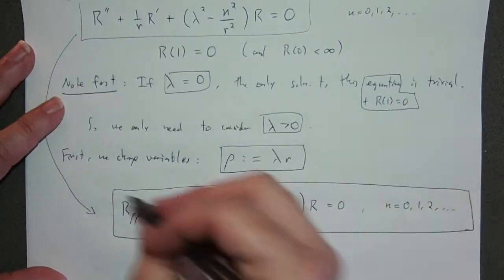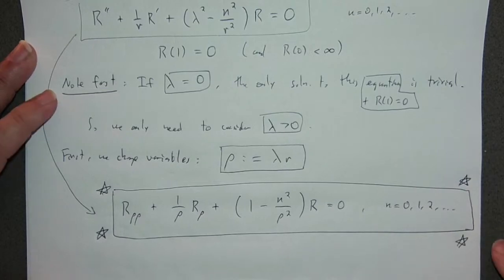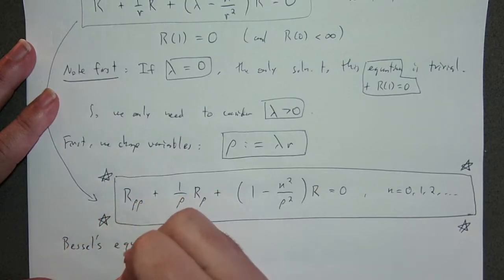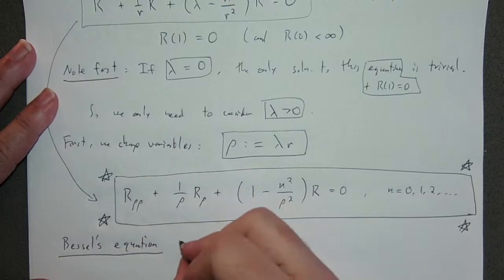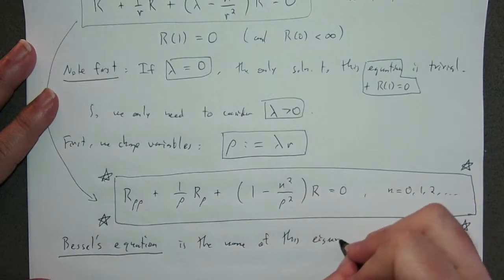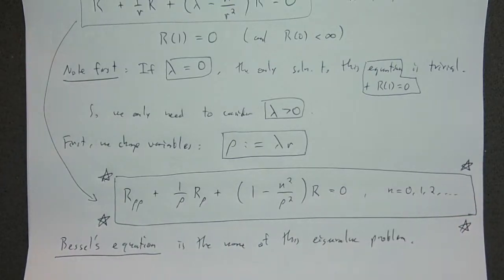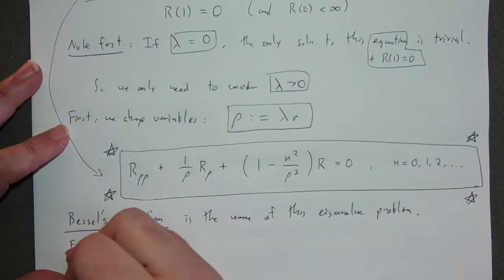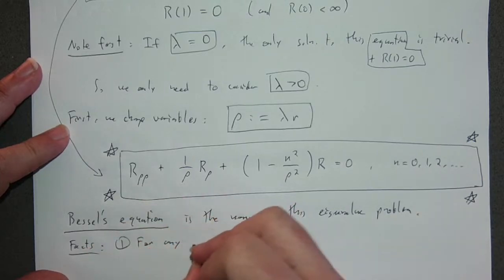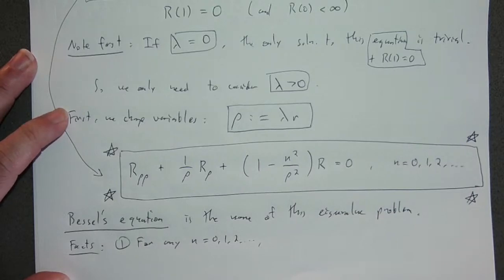This eigenvalue problem is an equation that is very special. This is called Bessel's equation. It turns out that here are some facts. For any n, this equation has two linearly independent solutions.